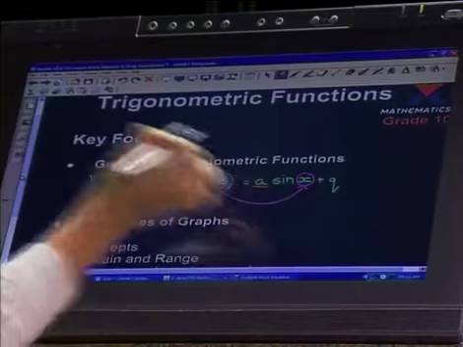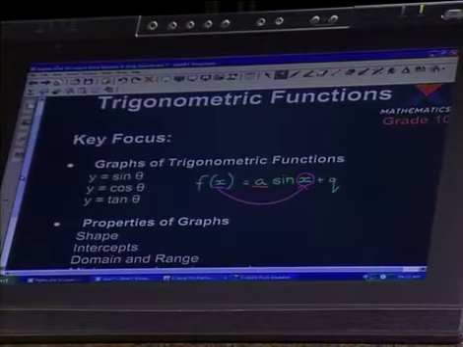And a is what affects that amplitude. So if a has a value of anything but 1, 1 is our standard, which we're going to work on intensely, but as soon as a changes to either a half or 1.5 or 2, 3, the amplitude changes. So that's the first transformation we're going to have a look at.